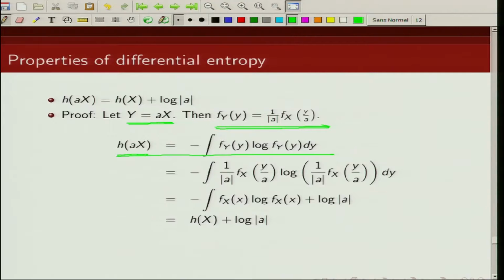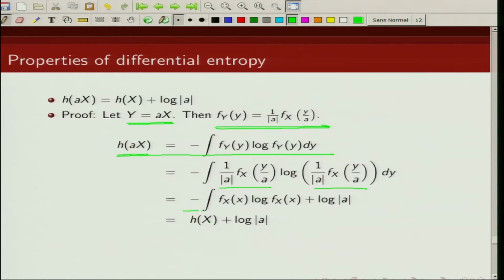this expression. Now we plug in the density of y in terms of the density of x, and this we simplify: log of 1 by absolute value of a plus log of f of x of y by a, and y by a is nothing but my x.